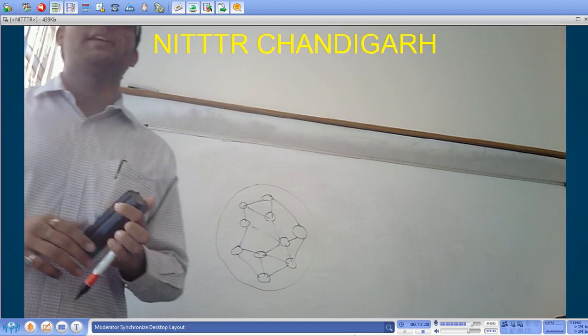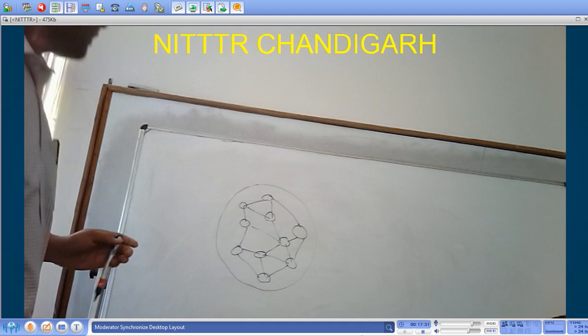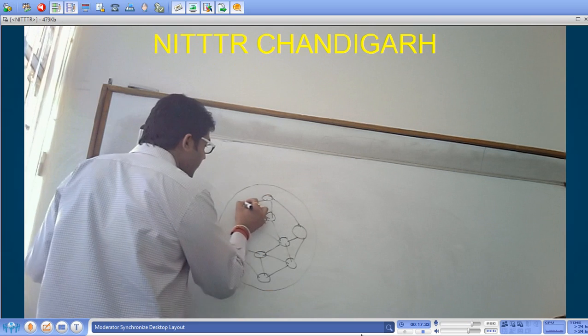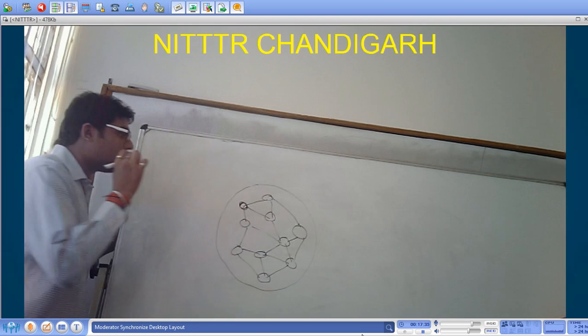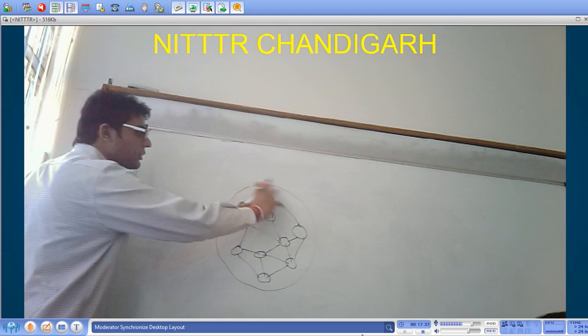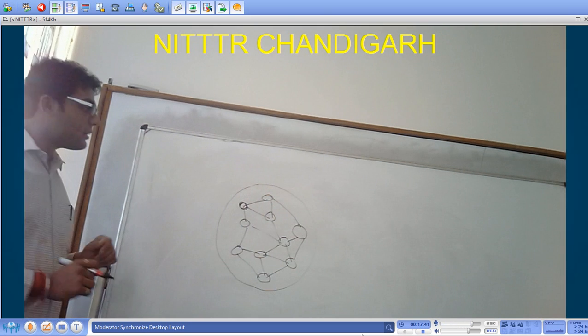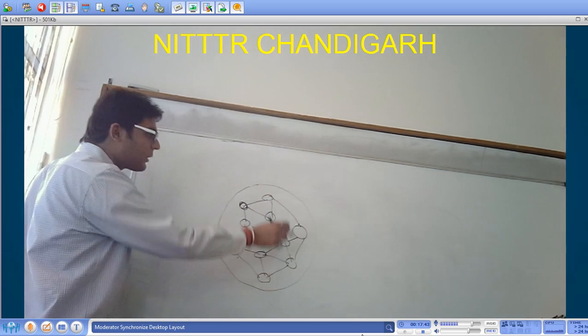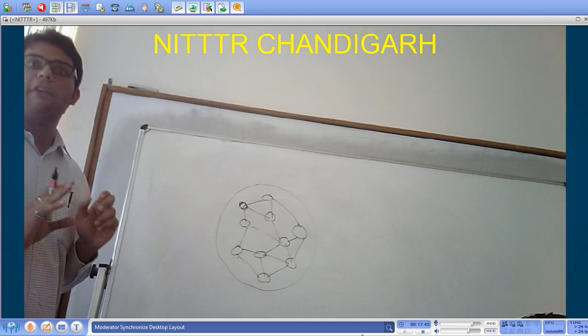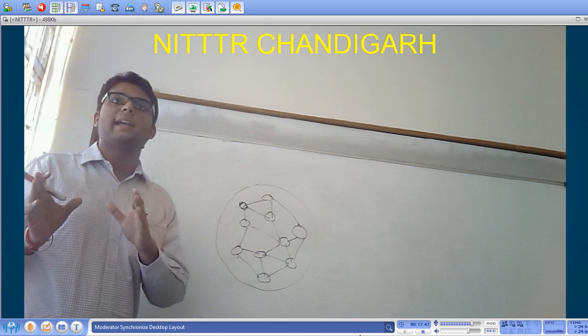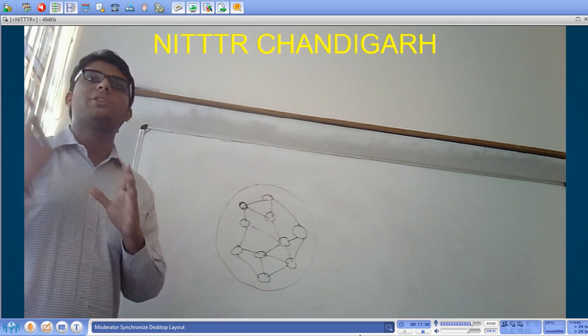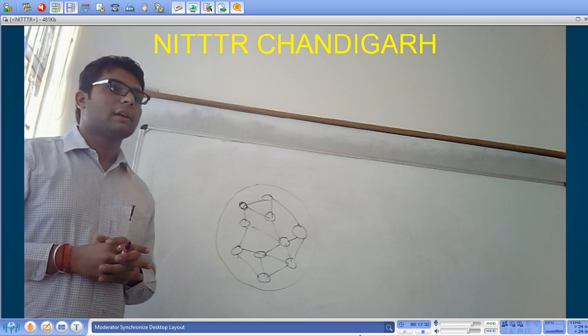If I'll be running OSPF or a link state routing protocol, now this router will be having a complete knowledge of the topology. It will be having a complete idea. So as this router, every router will be having the complete idea of what is the origin of these routes.